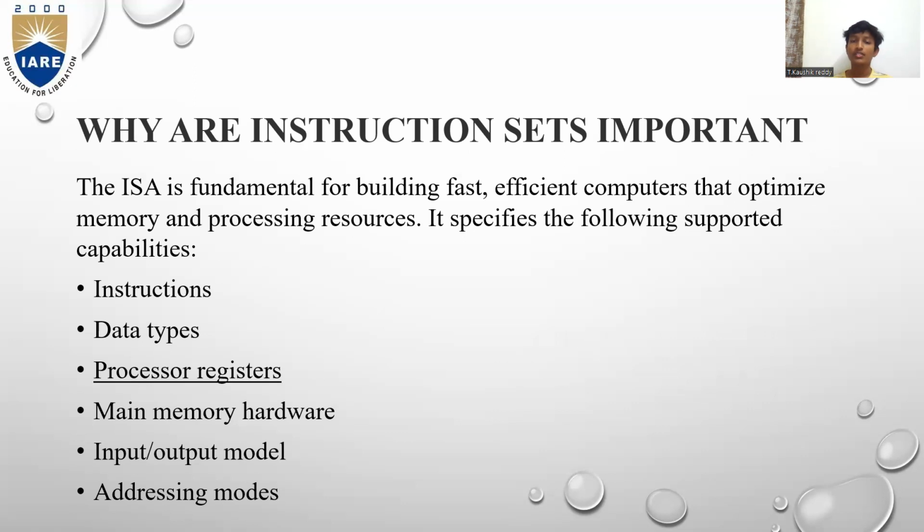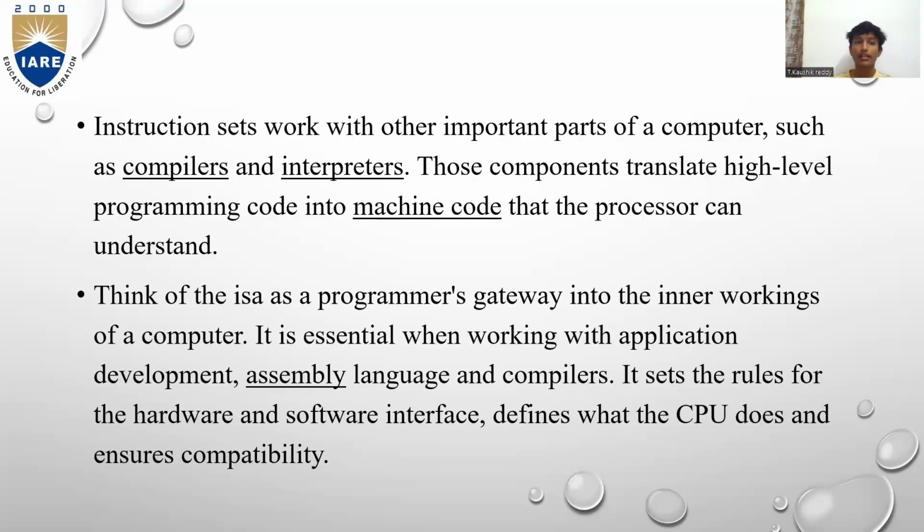Why are instruction sets important? The ISA is fundamental for building fast, efficient computers that optimize memory and processing resources. It specifies the following supported capabilities: instructions, data types, processor registers, main memory, hardware, and input-output model addressing modes. Instruction sets work with other important parts of a computer, such as compilers and interpreters.